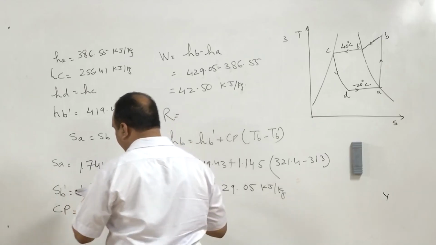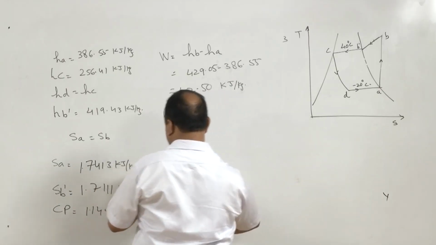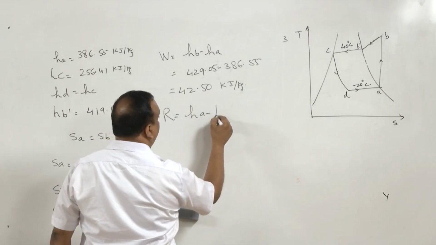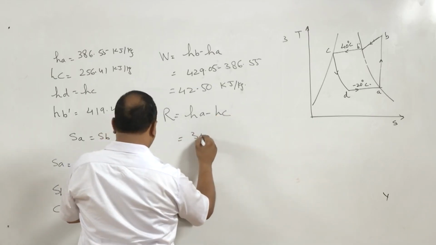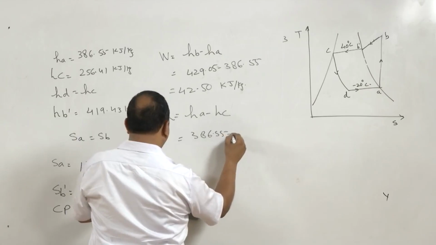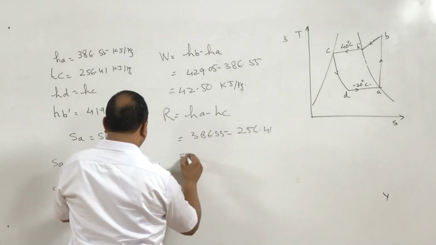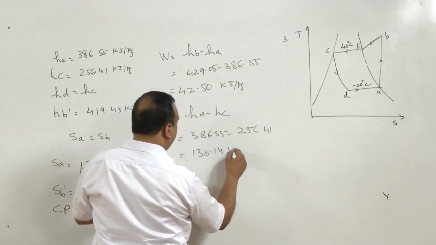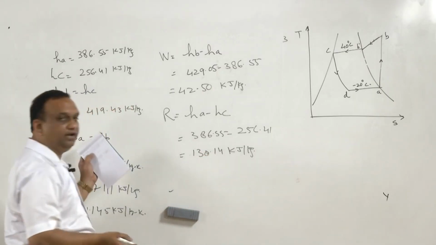The refrigerating effect is HA minus HC, and that is going to be equal to 386.55 minus 256.41, and that will give you 130.14 kilojoules per kg, because mass flow rate is 1 kg per second.